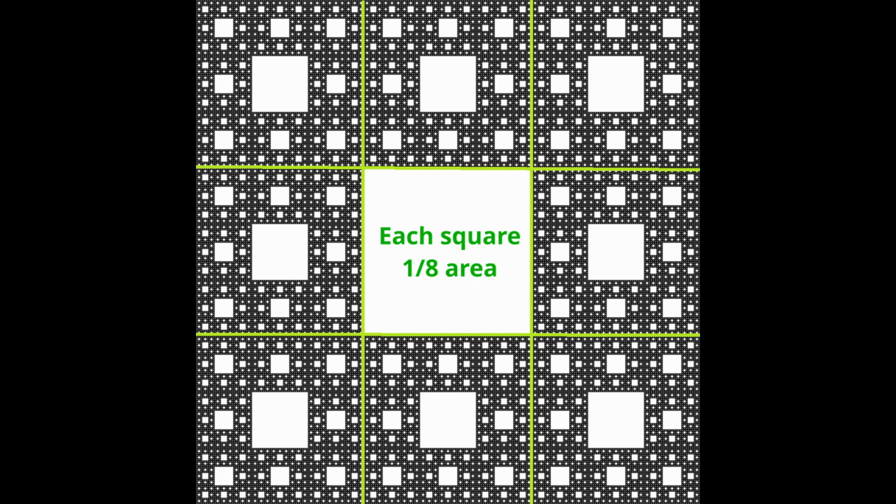Notice that there are 8 smaller squares around the perimeter of the large square, each representing an area of 1/8 of the total. Also note that each of these squares is scaled down by x equal to 1/3 relative to the large one. Why? Because the lengths of their sides are 1/3 the length of the larger square.